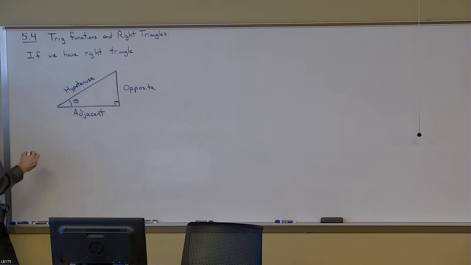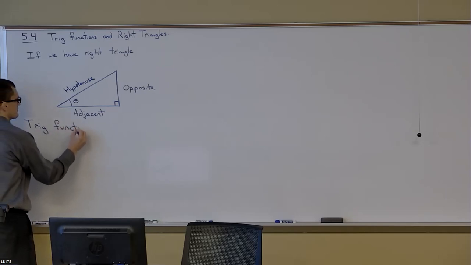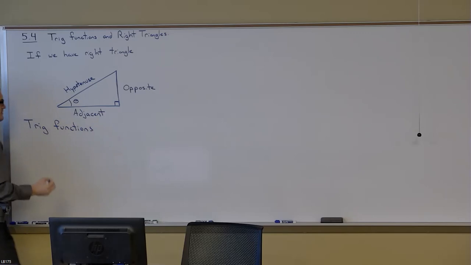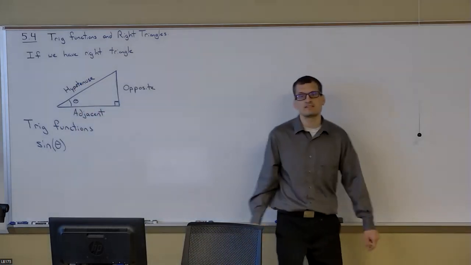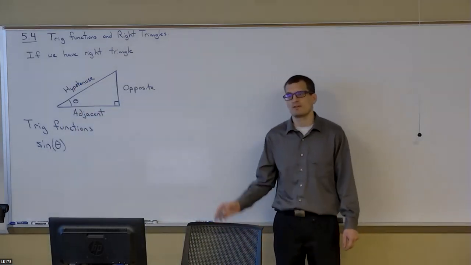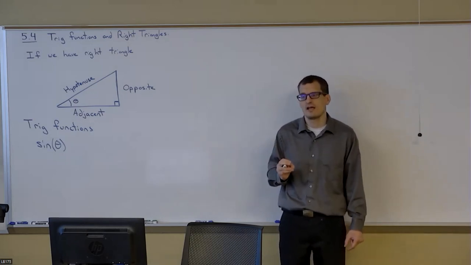It turns out that we can say, if we try to calculate sine of theta. Now we know how to calculate sine of theta. It's the wrapping function on the unit circle, and we take the y value, right?